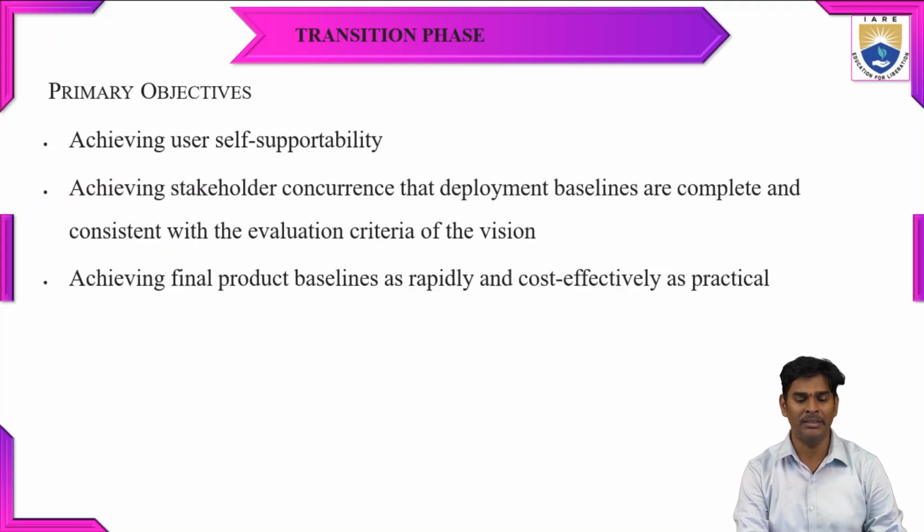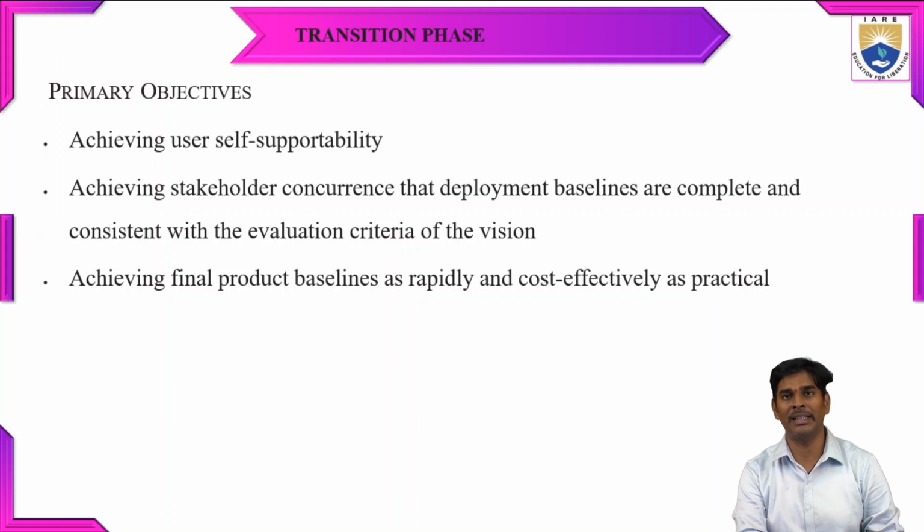The next one is that the primary objective is achieving user self-supportability. They need to give self-supportability for the software product, and also the stakeholders' concurrence that deployment baselines are complete and consistent.